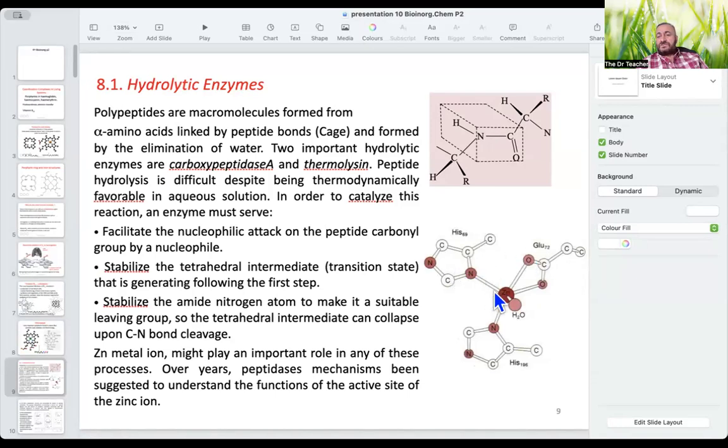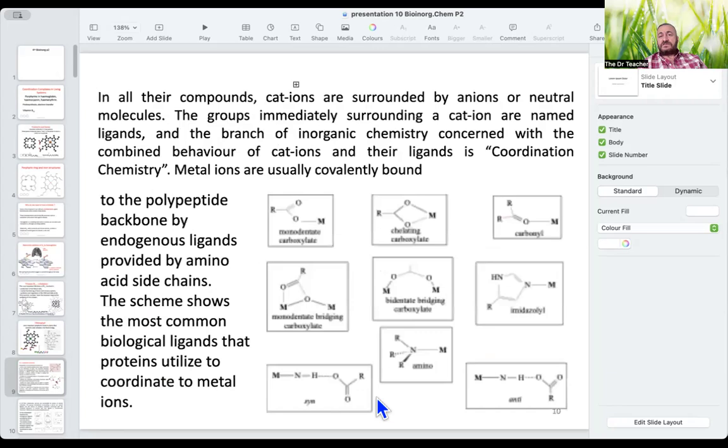Here, the nitrogen is bonded from the histidine imidazole group. And here is the imidazole from another histidine. There is a water molecule bonded to the zinc. Okay, so this is the hydrolytic enzyme, and the zinc is important for the core of the active site.